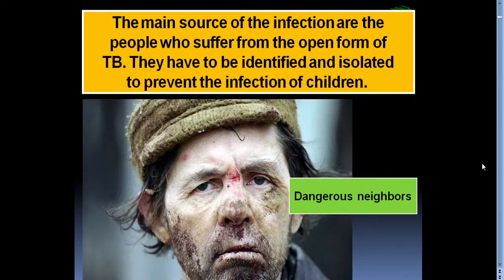The main source of the infection are the people who suffer from the open form of TB. They have to be identified and isolated to prevent the infection of children.